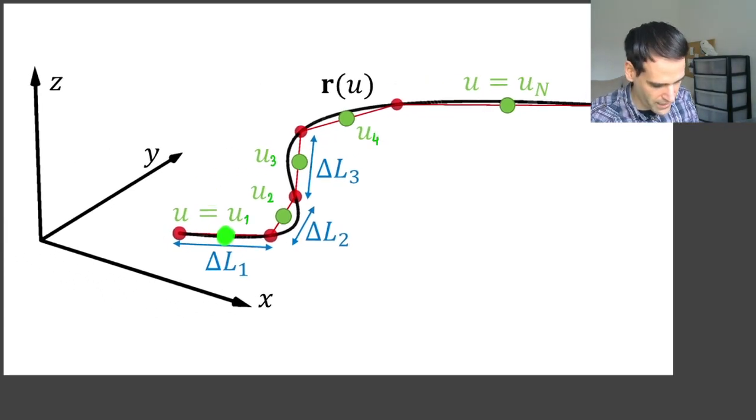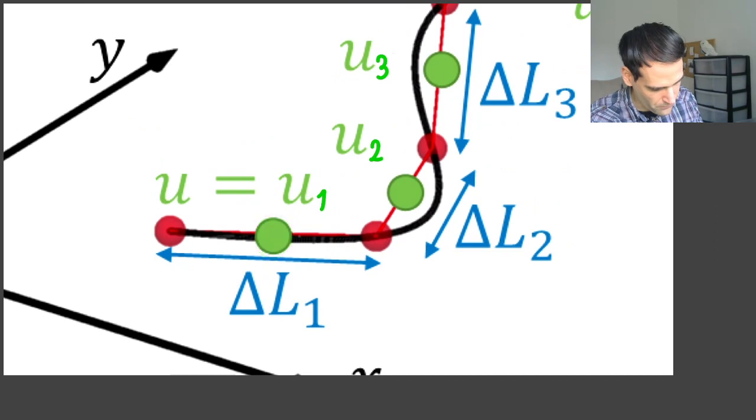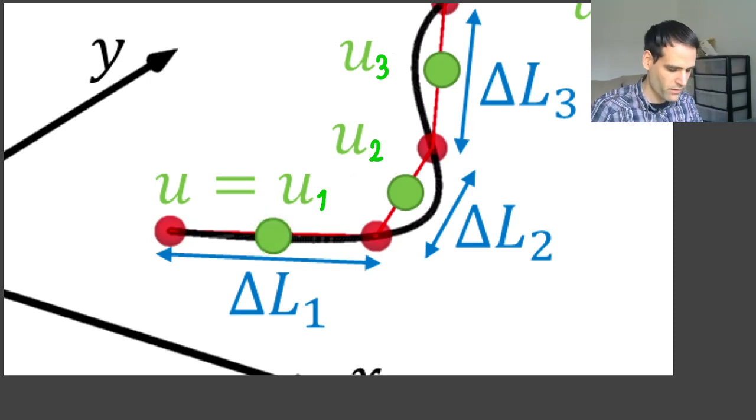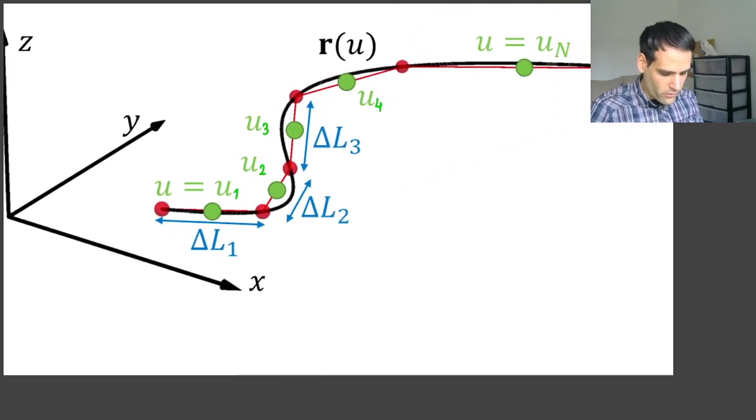Okay, so the first segment, which goes from this value of u to this value of u, we choose the middle point, which would correspond to some intermediate value of u, which I have called u1. Okay, so u1 corresponds to some intermediate value here. So now we have this u1, u2, u3, u4, and un, because we have divided the curve into n segments.